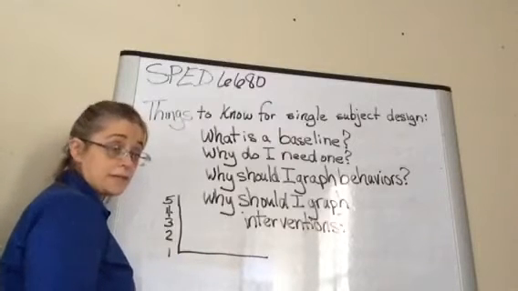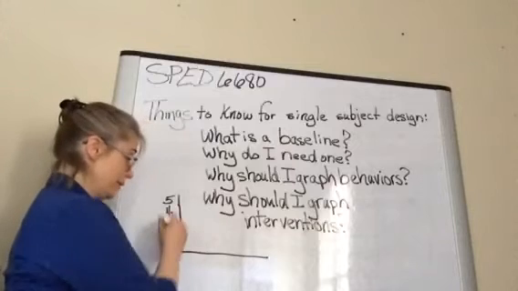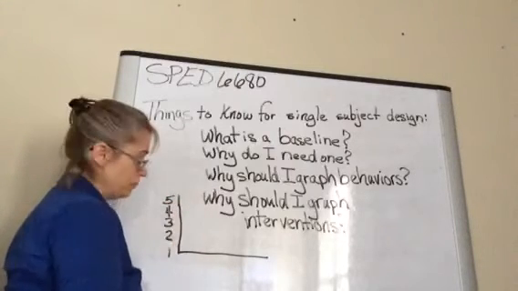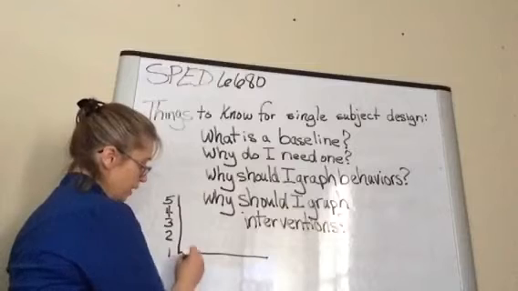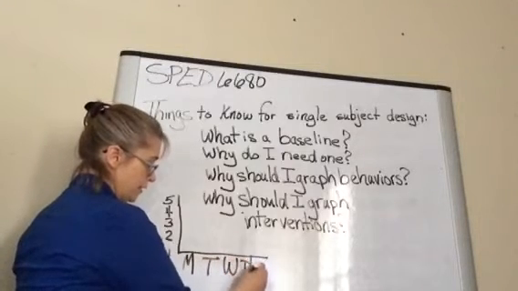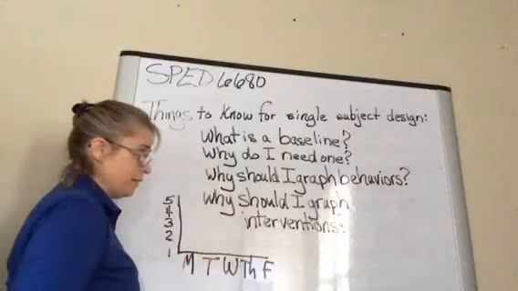If we're doing out of seat behavior, especially for little bitty kids, you might want to do a lot larger for the very beginning. And we can do Monday, Tuesday, Wednesday, Thursday, and Friday. So this is our baseline.